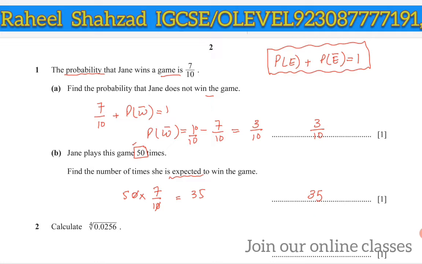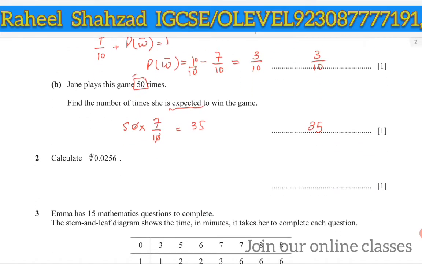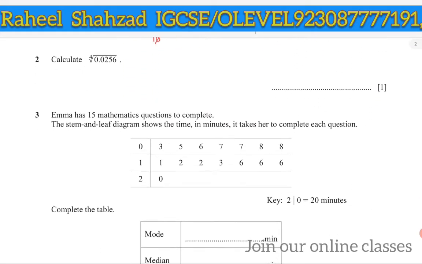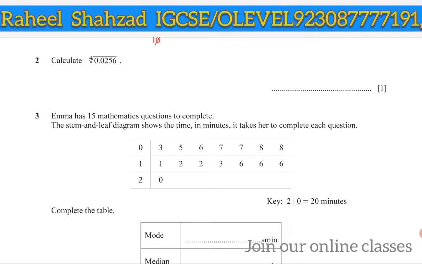In question number 2, it says we need to calculate the fourth root of 0.0256. So it's basically the fourth root of 0.0256.